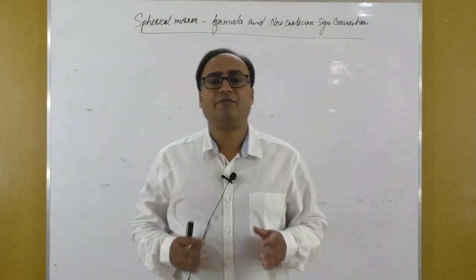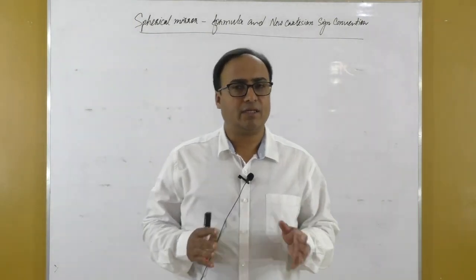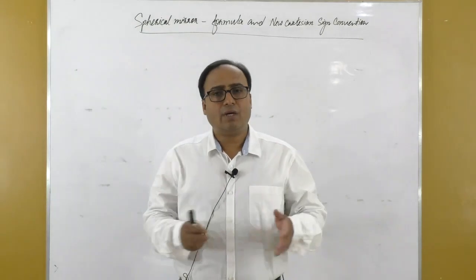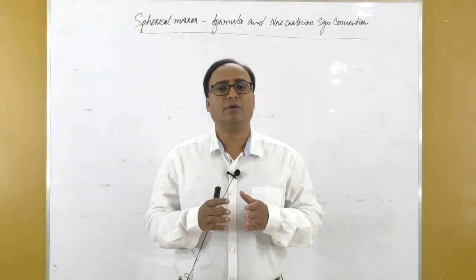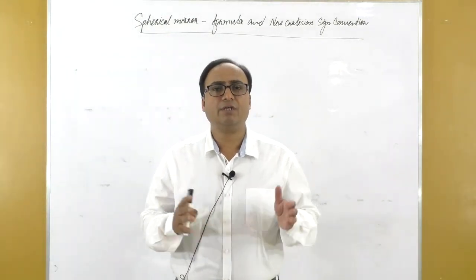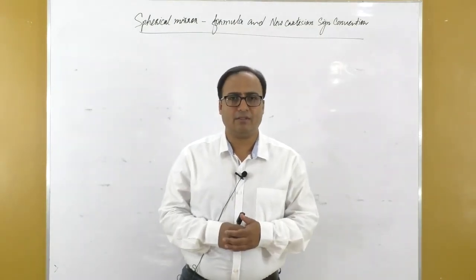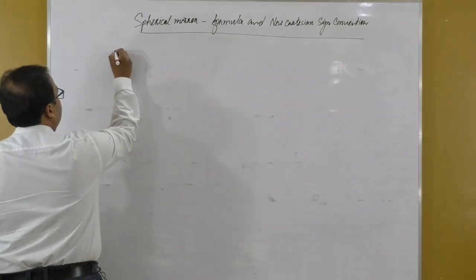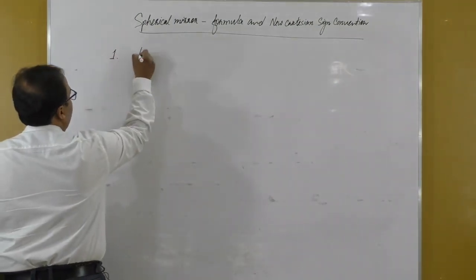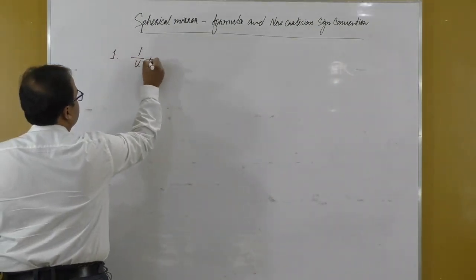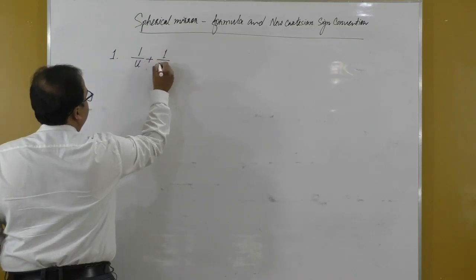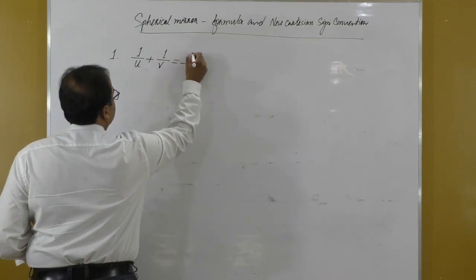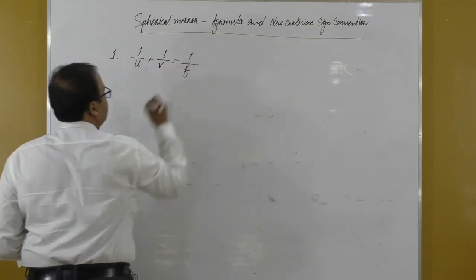Now we will discuss different formulas related to spherical mirrors. If you understand these formulas properly and the new Cartesian sign convention, you will easily be able to solve different numericals related to spherical mirrors. First one: 1 by u plus 1 by v equals 1 by f.